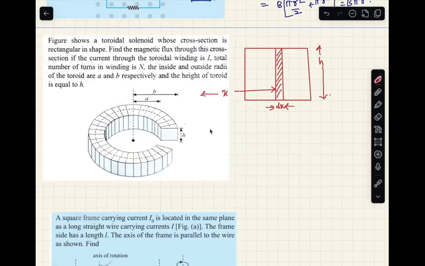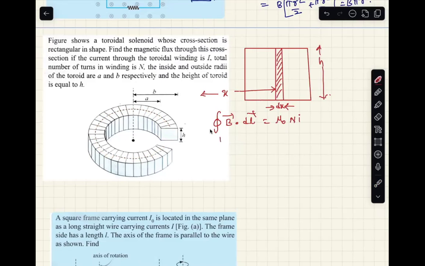Ampere's law. So if I apply Ampere's law for this loop, integral B dot dl is mu naught times number of turns times the current enclosed.